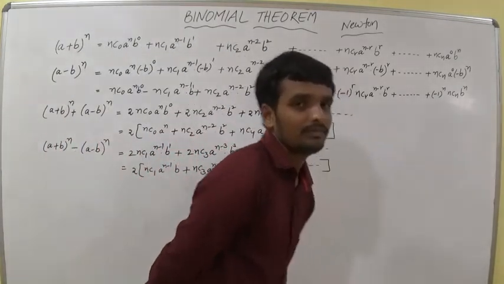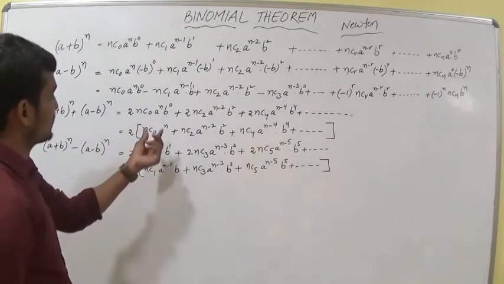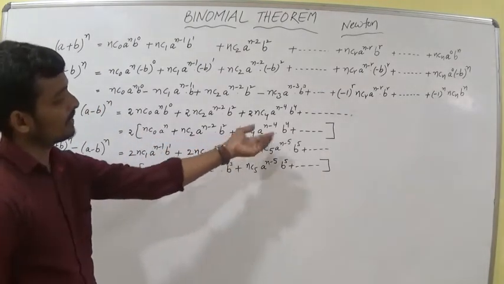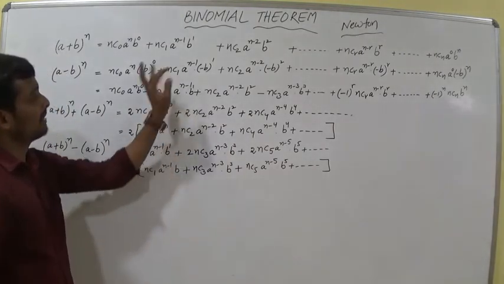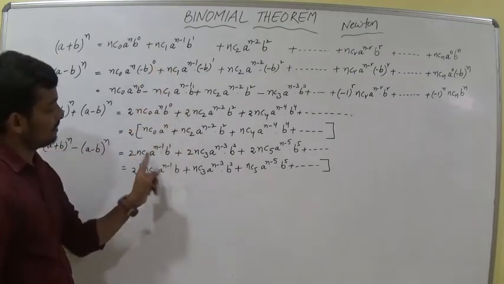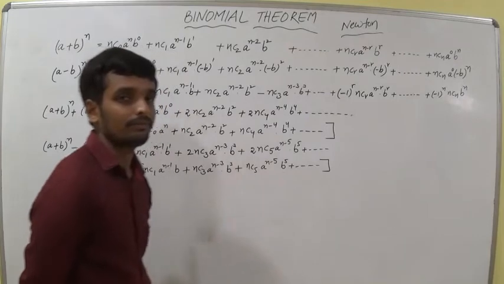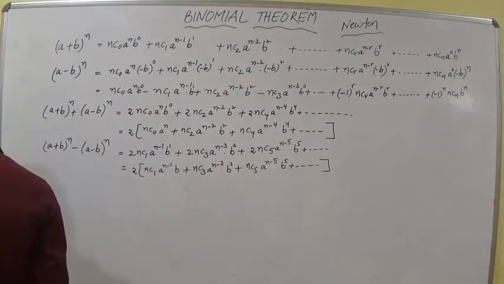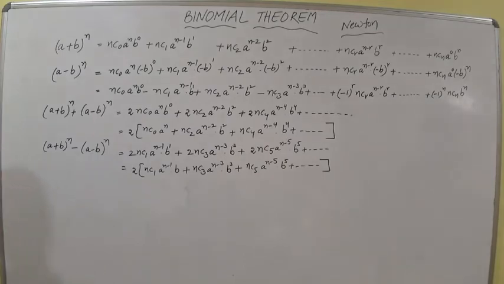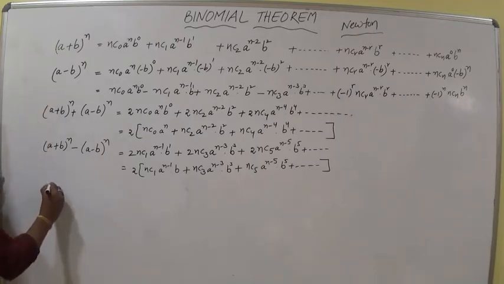If we add, we get the first, third, fifth terms. If you subtract, we are getting the even-numbered terms, that means the second term, fourth term, sixth term and so on. So from these two, (a plus b) whole power n plus (a minus b) whole power n, and (a plus b) whole power n minus (a minus b) whole power n, we are getting some more knowledge.